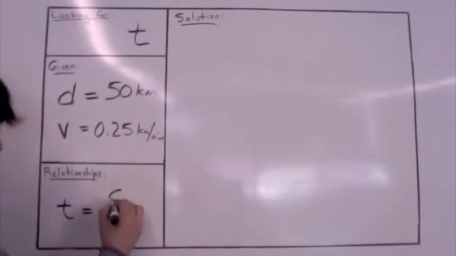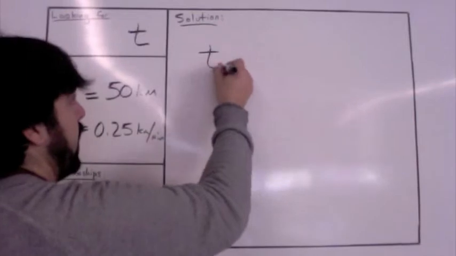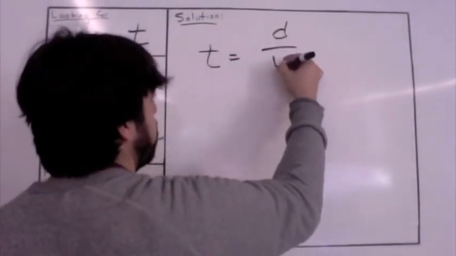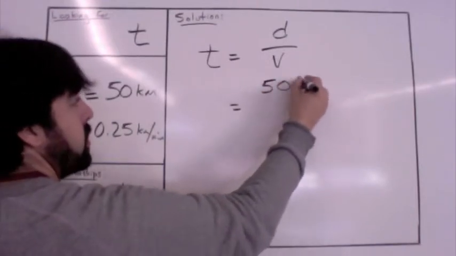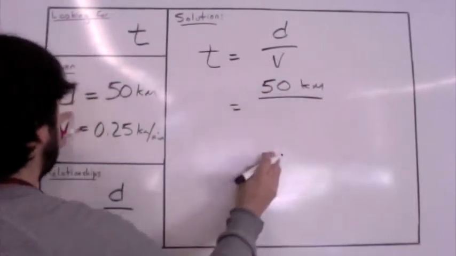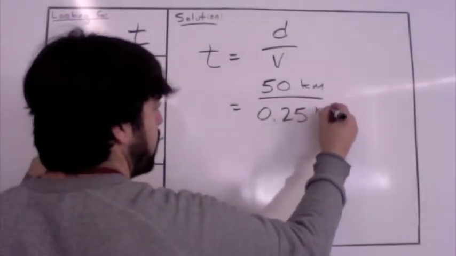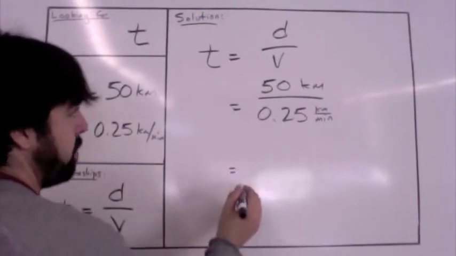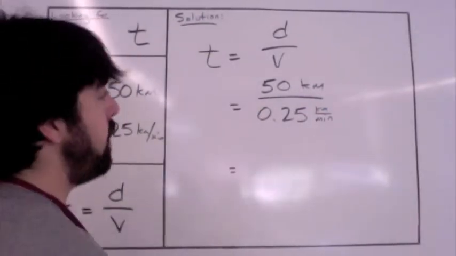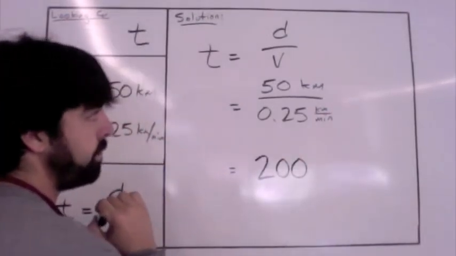Time is distance over speed. So again, we're going to distance over speed. Distance is 50 kilometers. Speed is 0.25 kilometers per minute. And what's that going to be? If you do 50 divided by 0.25, you get 200.